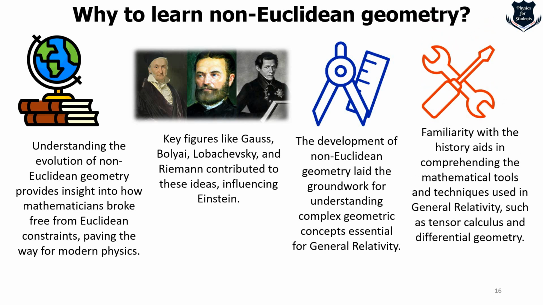And if you learn the historical perspective, then it comes as a great mathematical tool used in general relativity. For example, how tensor calculus and differential geometry evolved. So remember, differential geometry is one of the tools, but the overall bigger picture is that of non-Euclidean geometry.